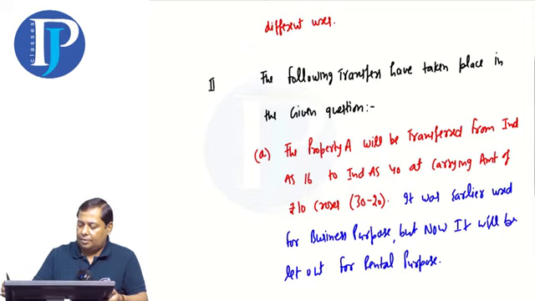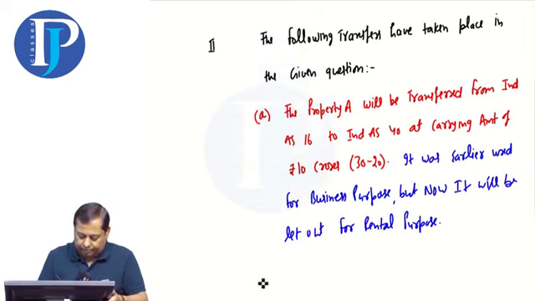For rental purpose. We'll come to point B. B and C, we write them together. First write B.